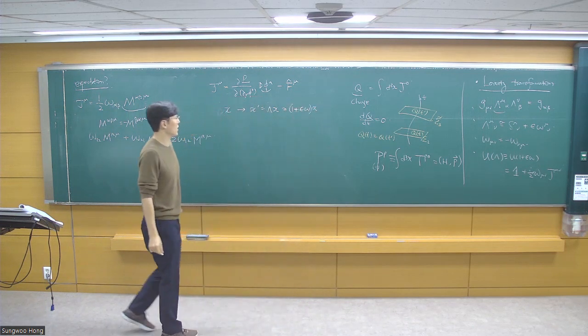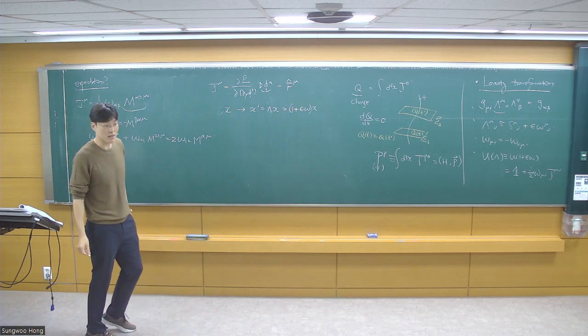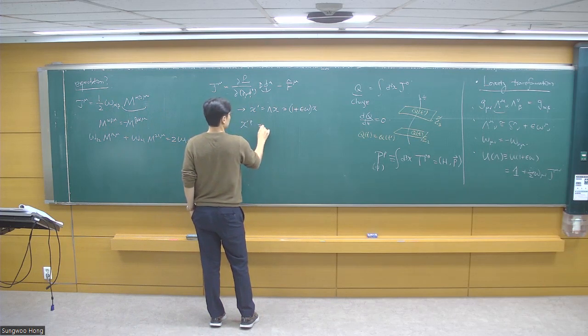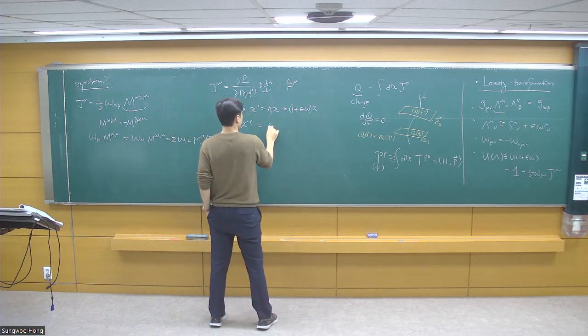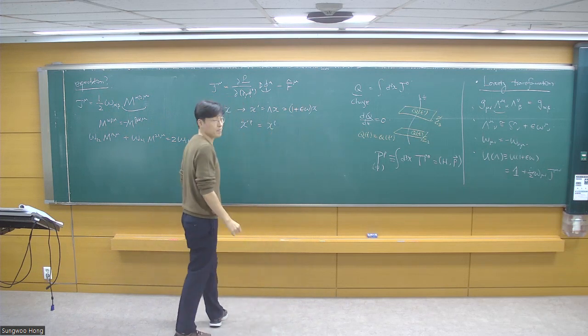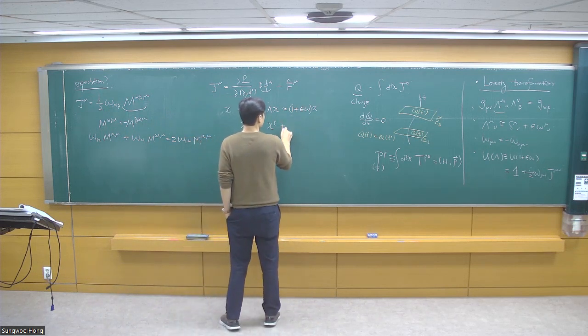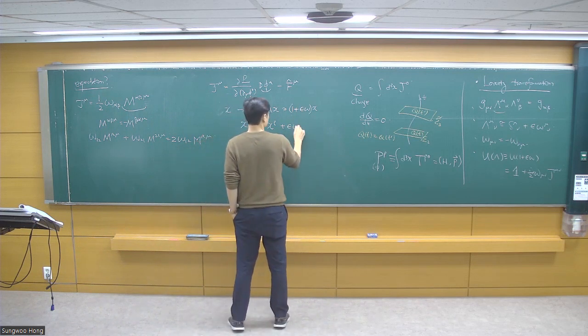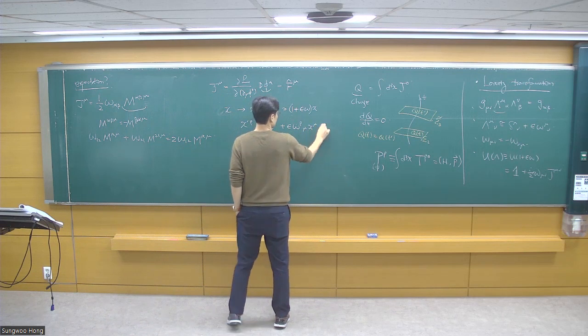So let's now put the index back to understand what I mean by this. So by which I mean x prime rho is equal to, just putting back the index, x rho. Epsilon was just a small number. Omega rho mu x mu.